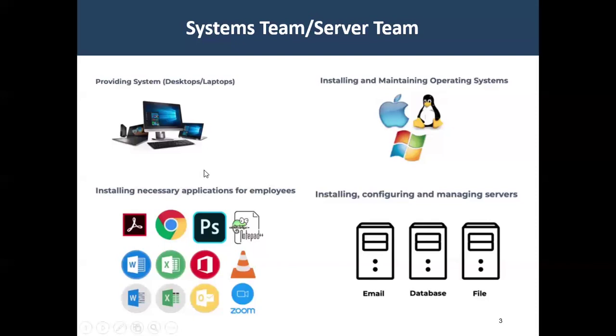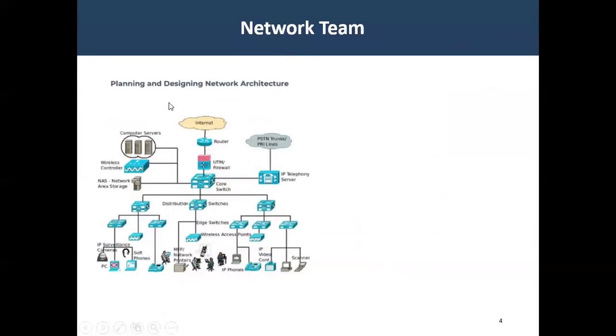Now, what next? We have the network team. The network team is into designing the entire network architecture. They take care of different network components. What are these components? How can they be used? What topologies are used?